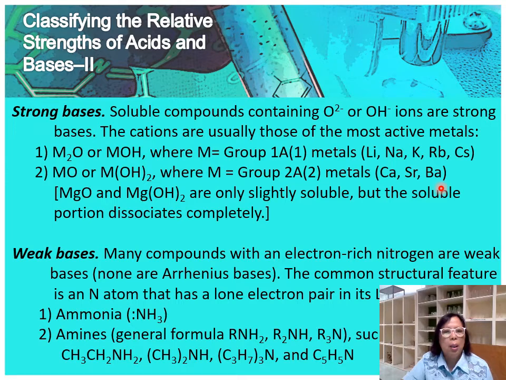These are common things that you will encounter in the lab. And then for weak bases, these are the strong OH, and then we have also the weak OH. Ammonia is weak. That is usually a common example of weak bases. And of course, some organic bases are also weak bases.